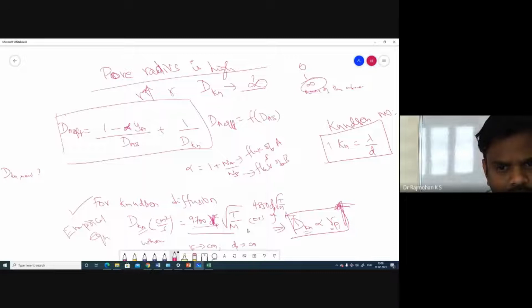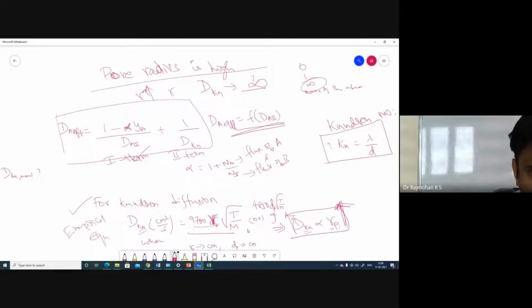We have the first term and the second term, and we are talking about two extreme cases. First case, when the radius is very high, Knudsen diffusivity tends to infinity, so the second term is negligible in comparison to the first term. So the molecular diffusivity can be taken as the effective diffusivity when r tends to infinity.